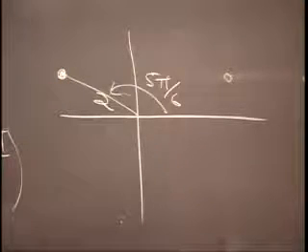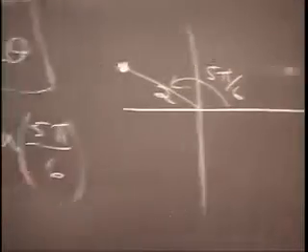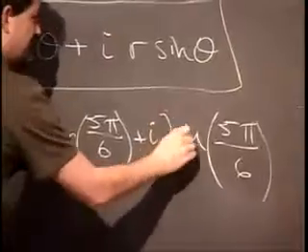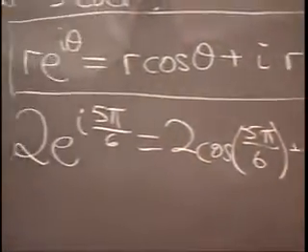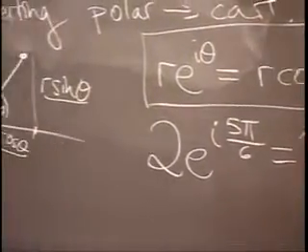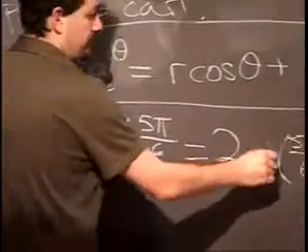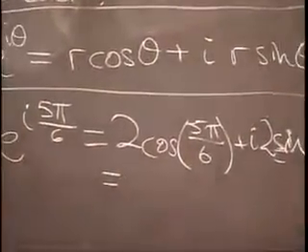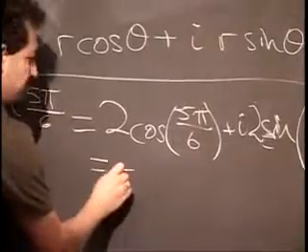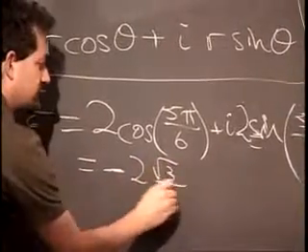Of course, for cosine 5 pi over 6, the reference angle is pi over 6. Cosine pi over 6 is... Do you know the answer? Oh, I left out the 2. Thank you, you are quite right. It's 2 times cosine plus I sine. So what's cosine pi over 6? Root 3 over 2. And it's negative because we're in the second quadrant. So minus 2 root 3 over 2.